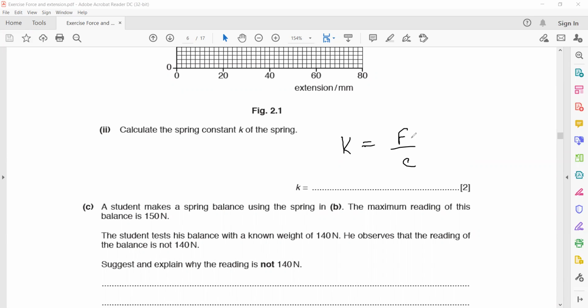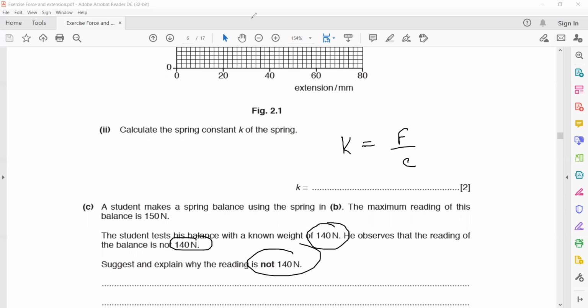That is known as the spring constant. The student tested his balance for the weight of 140. He observed that the reading is not 140. Explain why the reading is not 140.